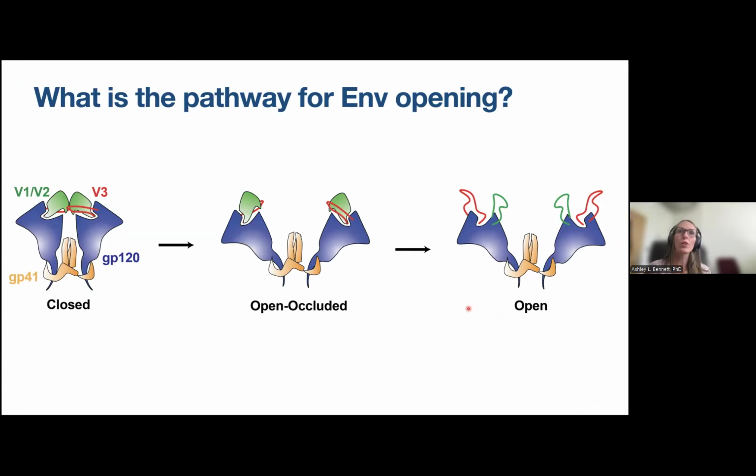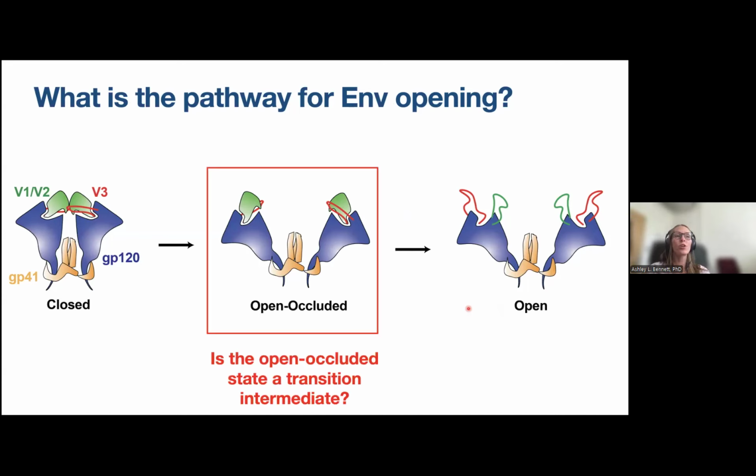So the primary goal for this project is to resolve the transition pathway for the HIV-1 envelope opening. One of the main questions we have is: is the open occluded state actually a transition intermediate along the opening pathway, or is it just a structure that is captured with antibodies?